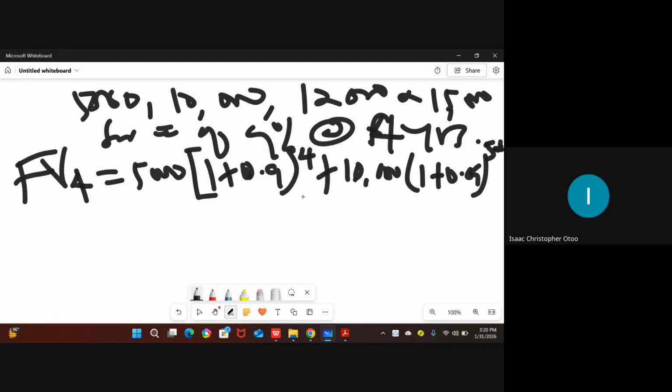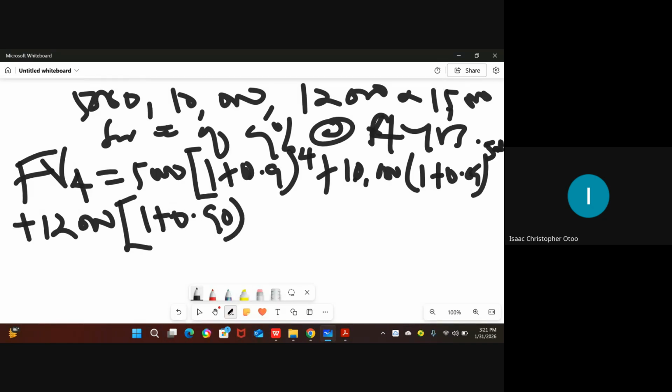N is 5, so minus 1, plus 12,000 times 1 plus 0.09, here n is 5 minus 2, plus 15,000 times bracket 1 plus 0.09, n is 5 minus 3.